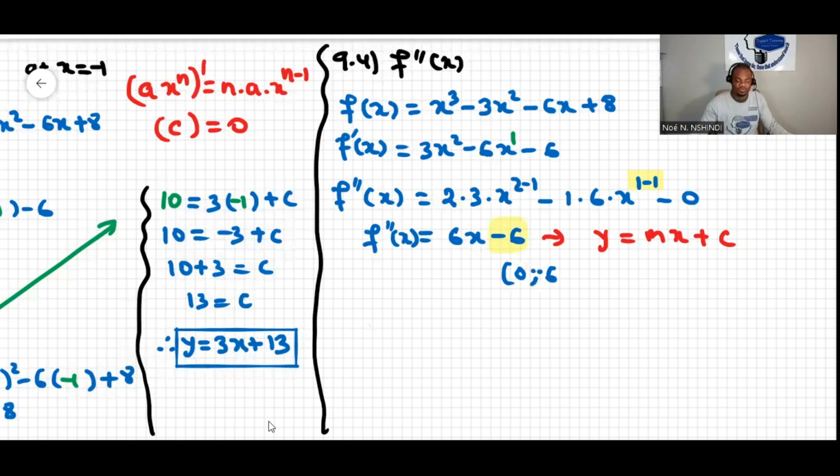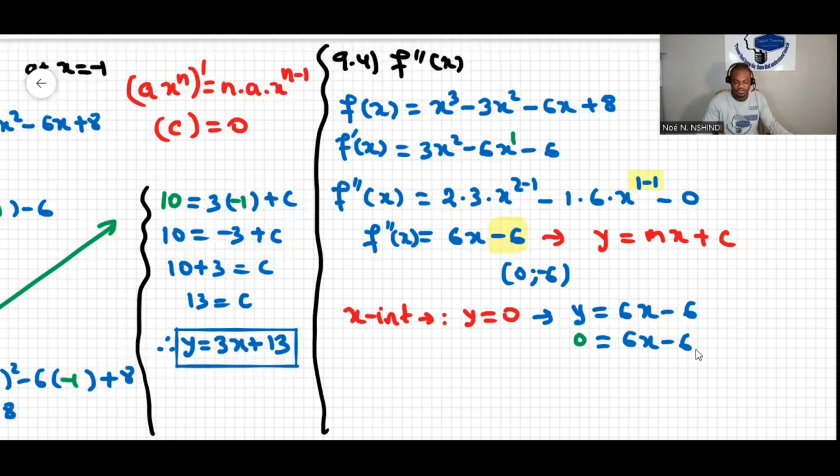You have 1 point already. The x-intercept means make y equal to 0. So instead of y, I substitute 0, and this will be 0 equals 6x minus 6.